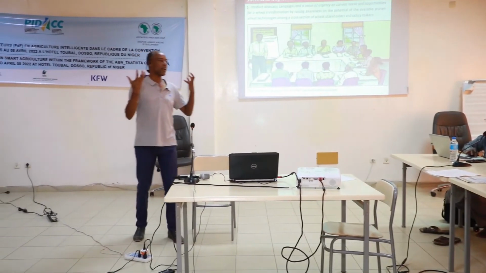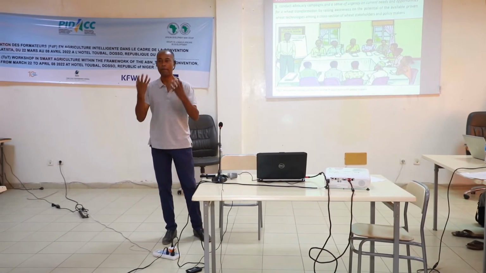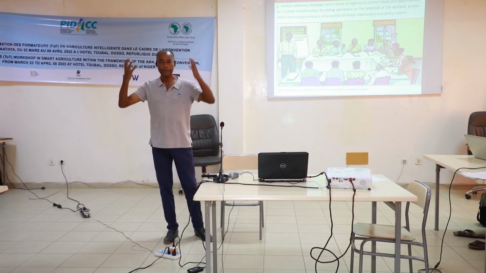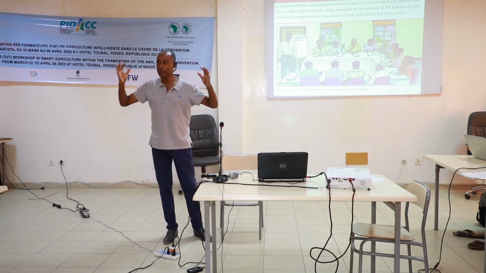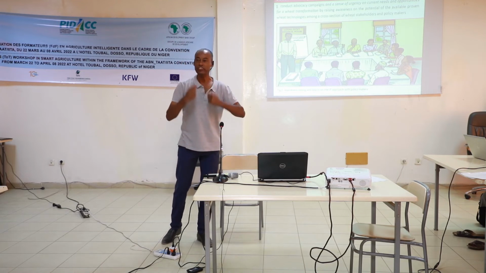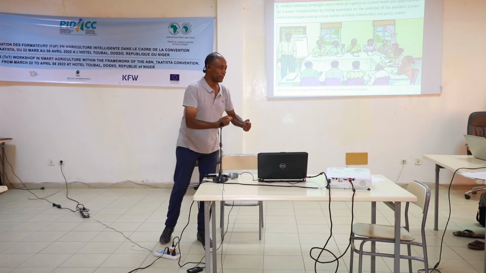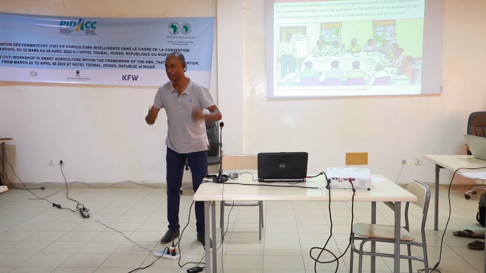And there are no better people than you to trigger this, to come up with good minutes of this meeting and to be the champion, to reach and sell this idea to policymakers and stakeholders in your respective countries.